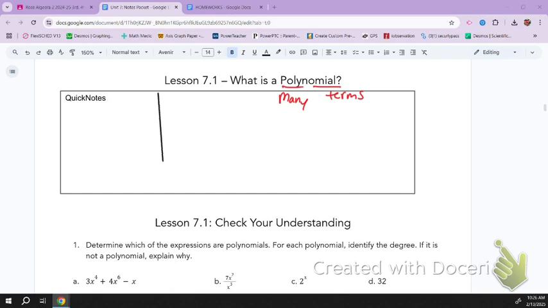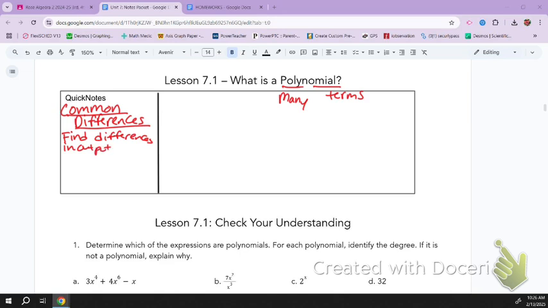So, in our lesson, we talked about common differences. Common differences is when you get to the same difference, like slope. So we're going to find the differences in the outputs, or the sequence. Okay?